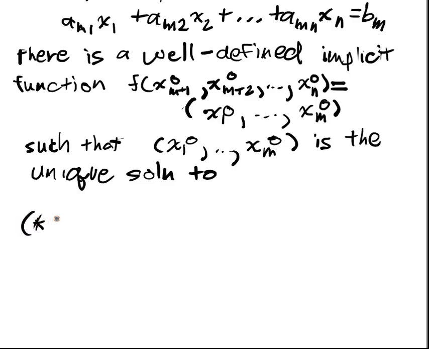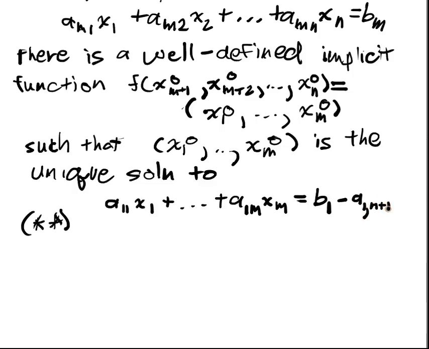We'll call it, say, double star. a(m+1) xm+1 naught minus ... minus a1n xn naught.